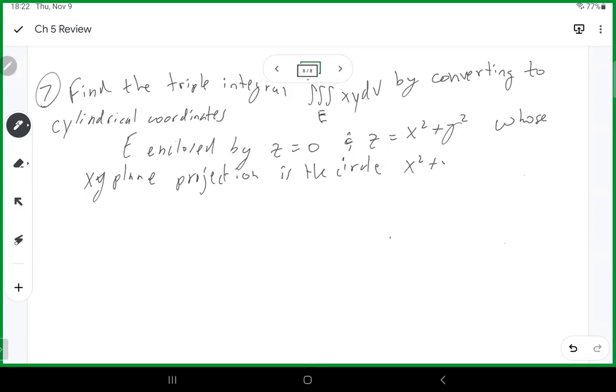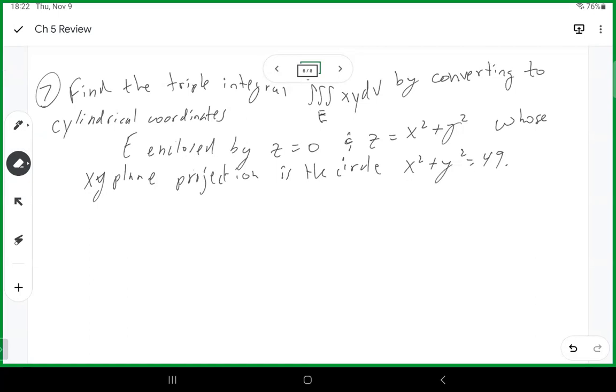x squared plus y squared equals 49. Okay, so I think you're all good at knowing what a circle looks like in this situation, and that it would have a radius of 7. So we want to use cylindrical coordinates to describe the solid of the integration.